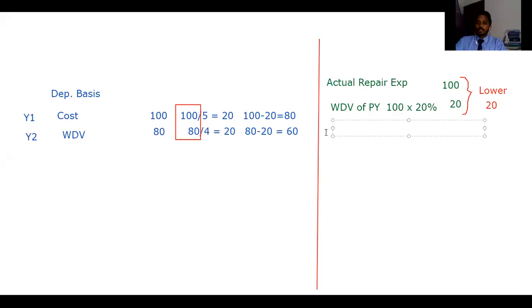Let's say excess repair cost, how much? 100 minus 20. 80 is the excess repair cost. Then this 20 we can claim as expense.